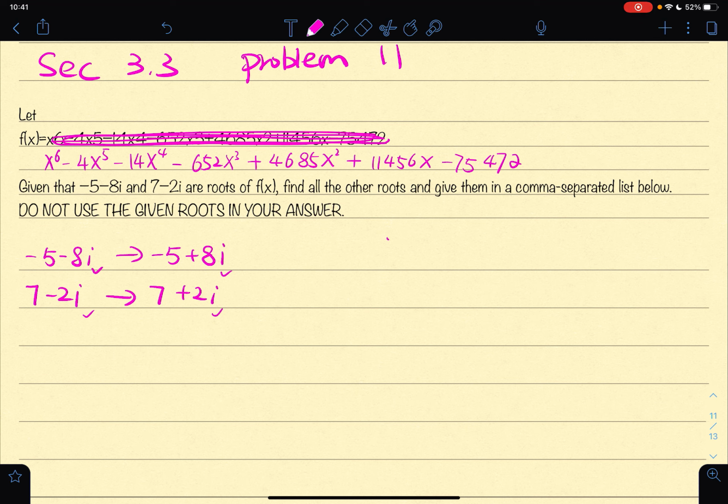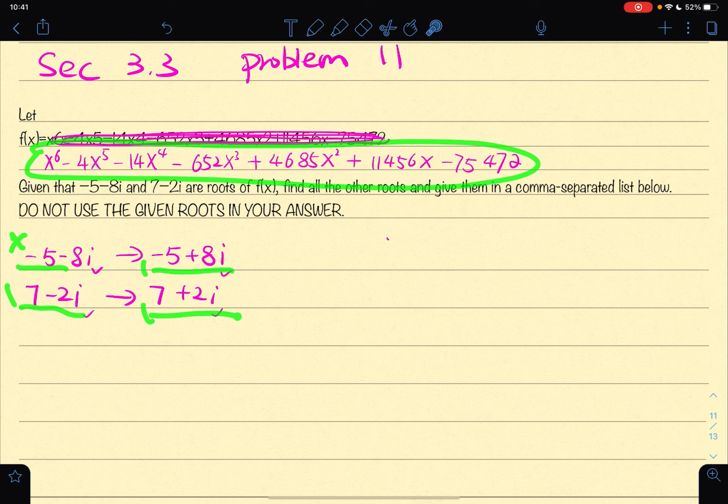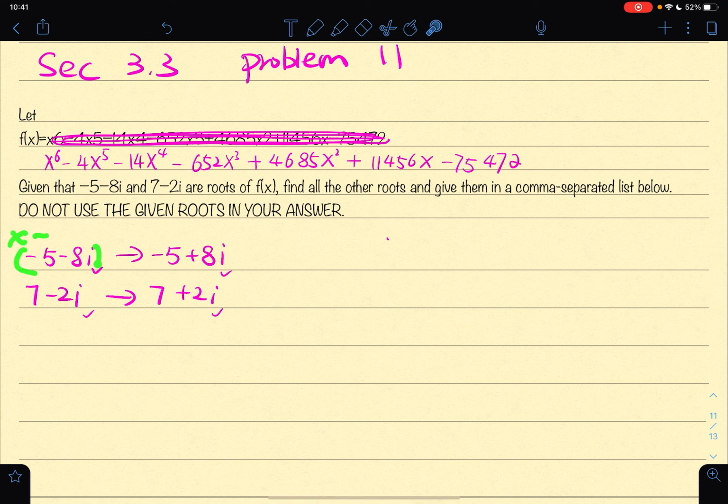In order to identify exactly what that quadratic function is, you want to take your original polynomial and divide it by x minus each of your roots. So like I said, to divide it by x minus negative 5 minus 8i, it's going to work out perfectly with synthetic division, but it might take forever.